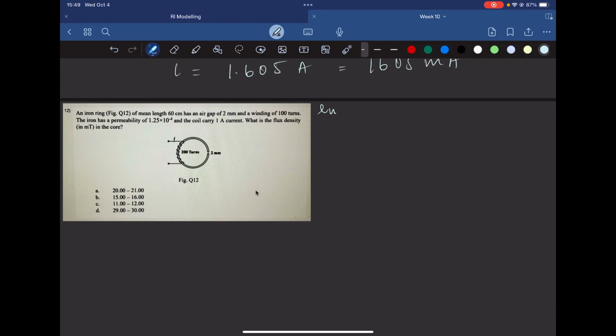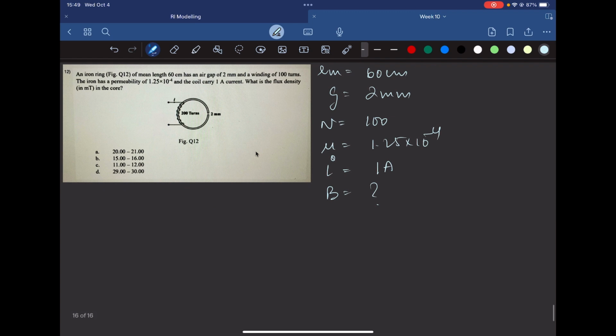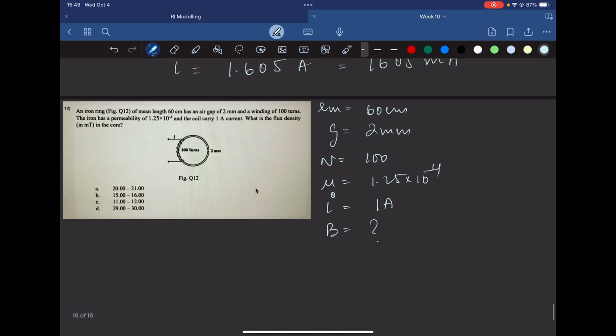Mean length is 60 centimeter, gap is 2 millimeter, winding is 100 turns, permeability is 1.25 into 10 raised to the power minus 4, and the current that it's carrying is 1 ampere. So we are required to find B. Okay, let's do it. We have everything, right?